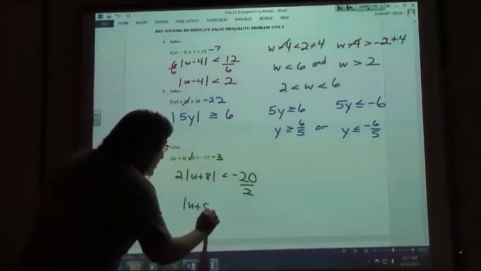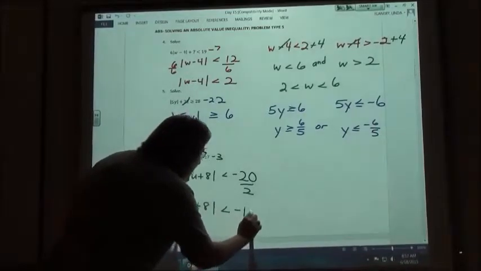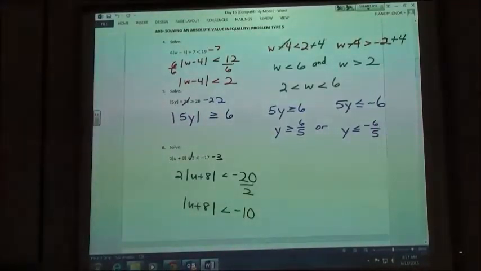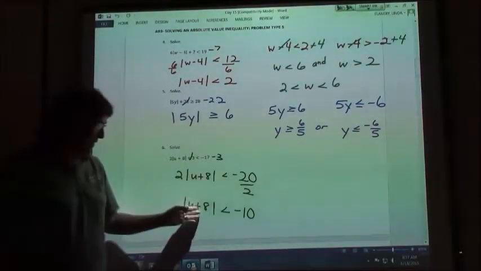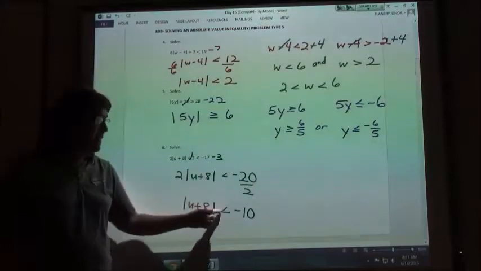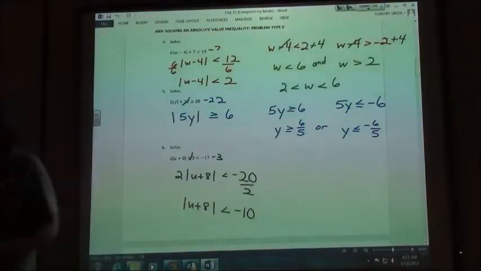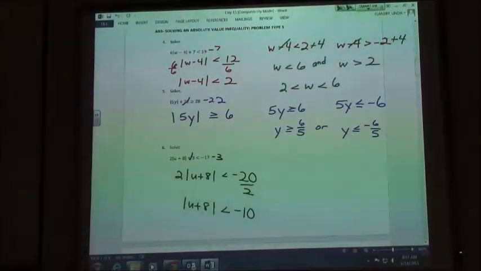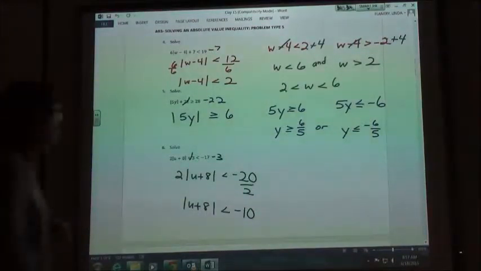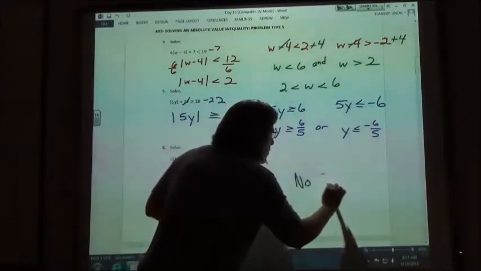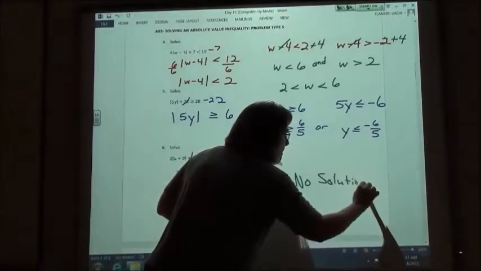Absolute value of u plus 8 is less than negative 10. Now, these ones are kind of weird. Because we're talking about a distance, can my distance be less than a negative number? No. So this one's going to be no solution.